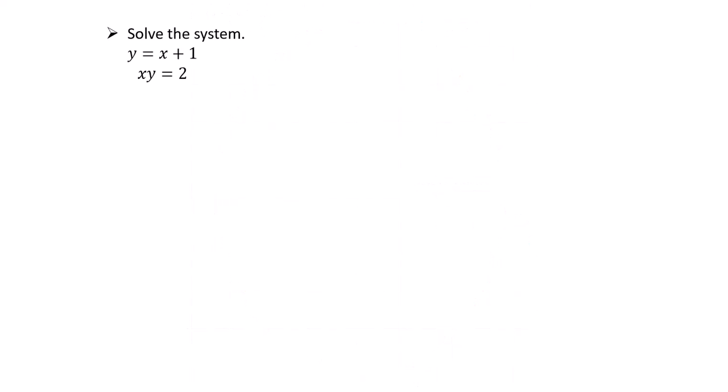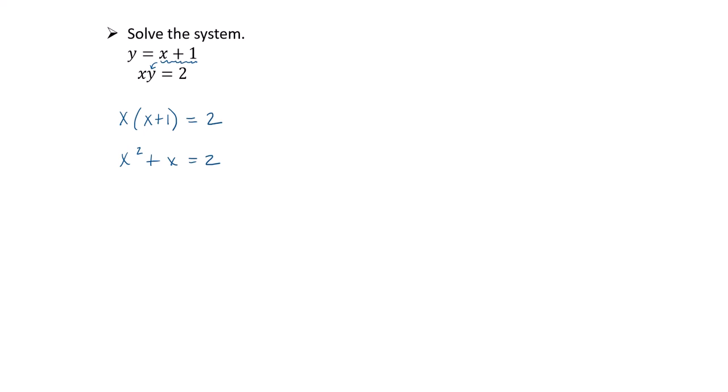Let's solve this system. The first equation is already solved for y, so I'm inclined to use x plus 1 in place of y in the second equation. x times my y of x plus 1 equals 2. Okay, I'm going to need to multiply out, so this gives me x squared plus x equals 2.